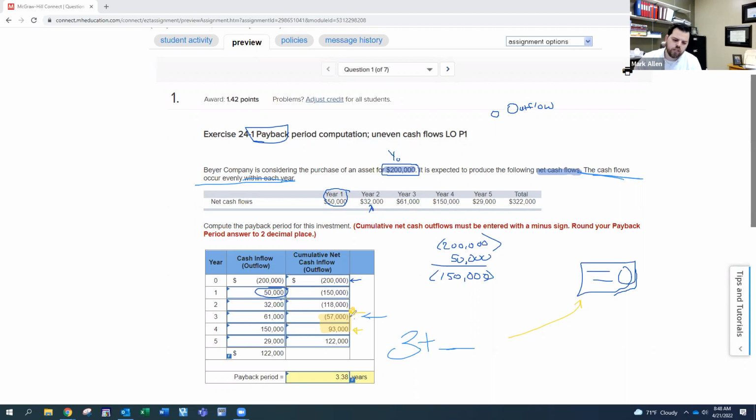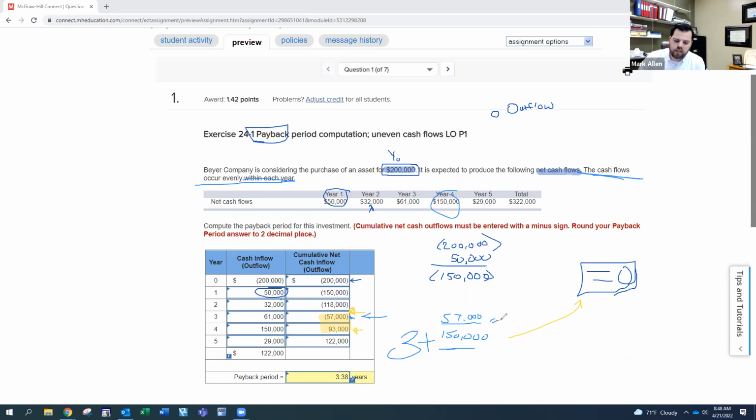But what that means is we need to generate $57,000 worth of cash flows in that next year, in year 4, and year 4 generates a total of $150,000. Because we know that cash is coming in evenly throughout the year, it will take 57/150ths of the year to actually get that cash flow generation that we're looking for.